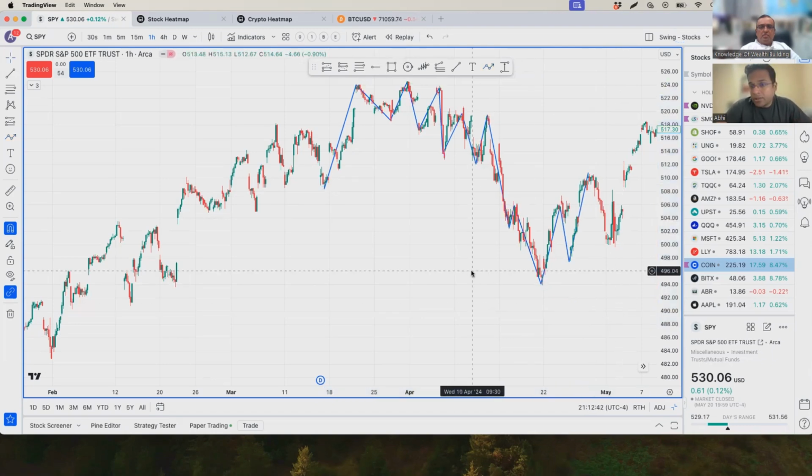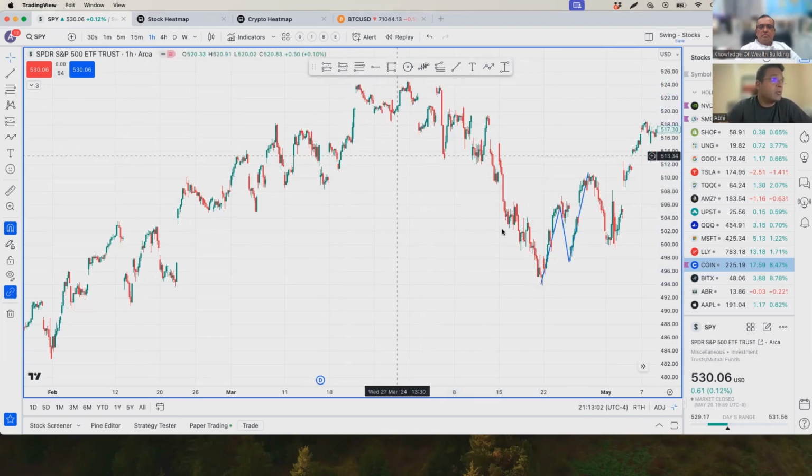So trends usually come in three ways, as you mentioned: uptrend, downtrend, and a sideways trend. But the next level of concept is to understand that multiple trends exist at the same time. So let's remove all this.